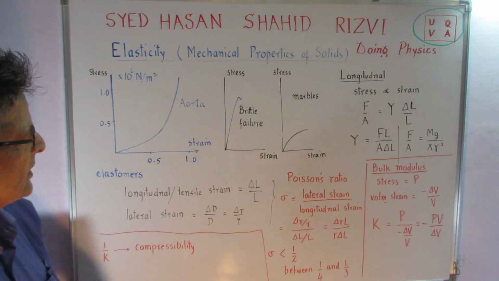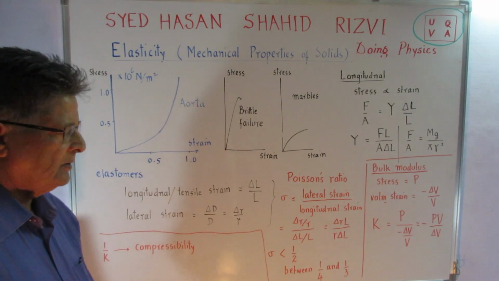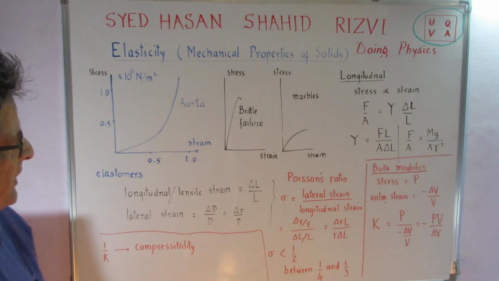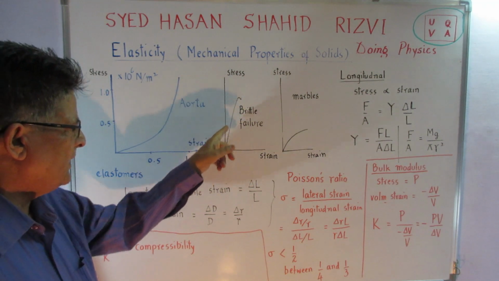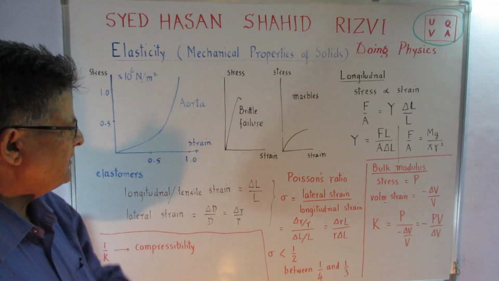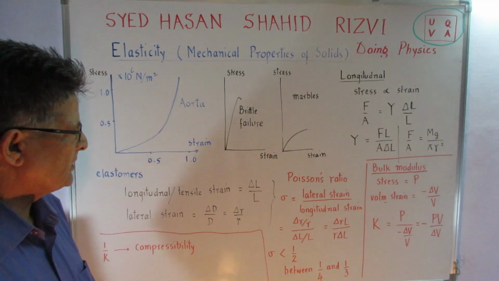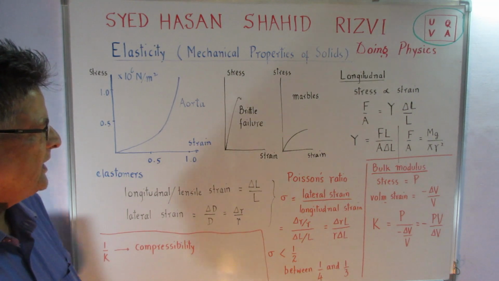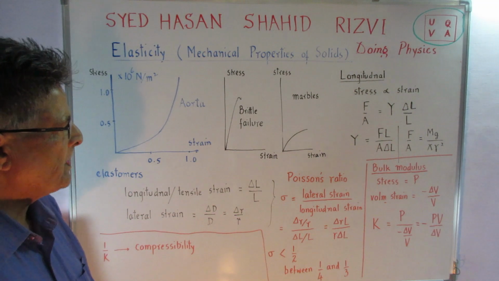Anyway, there is another case of brittle materials, and here you can see the stress into strain relationship. Hooke's law is applicable for a very short level of stress and strain, and then there is a brittle failure in the brittle case.